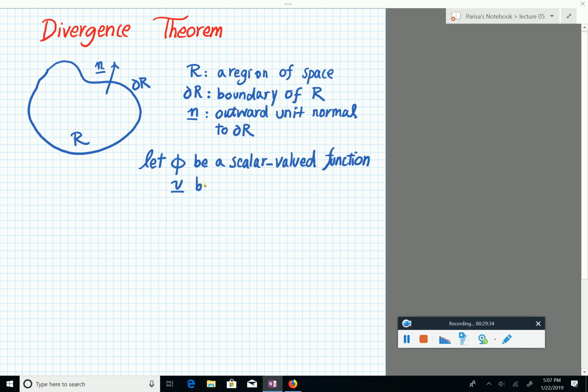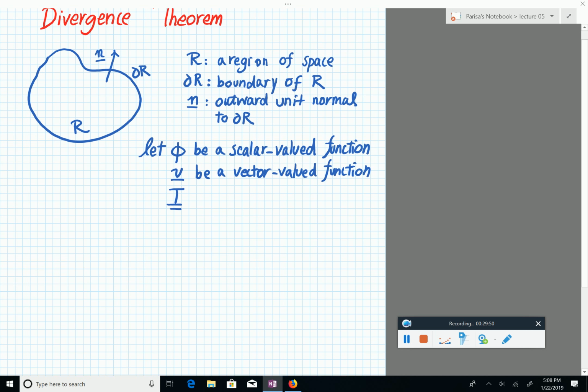And v a vector valued, and T a tensor valued. So what does the theorem say?